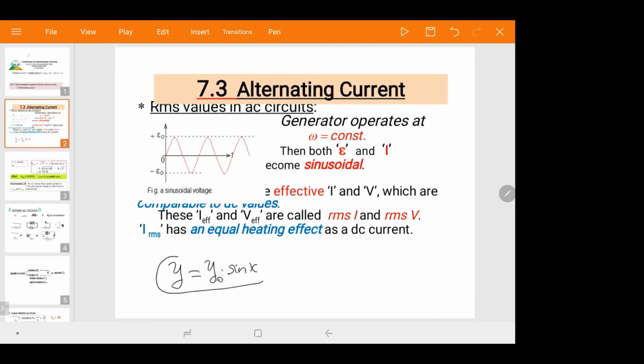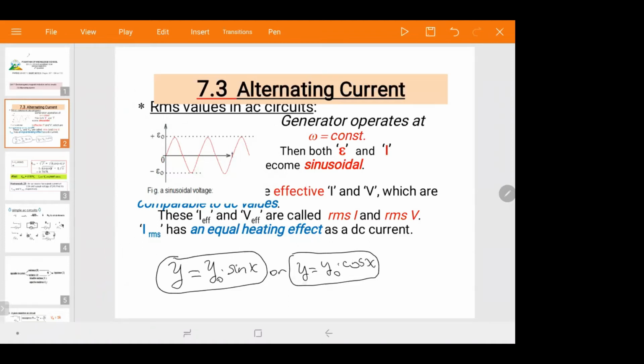If it's in this form, then y is the instantaneous value, y0 is called the amplitude. Either this or y equals y0 cos x. Mathematically, I'm saying. Either sine or cos, such a value is called sinusoidal.